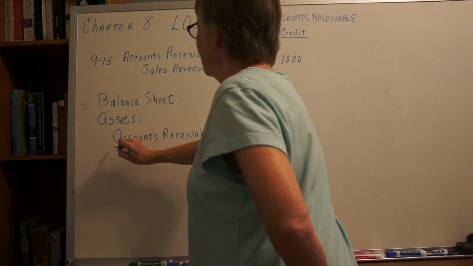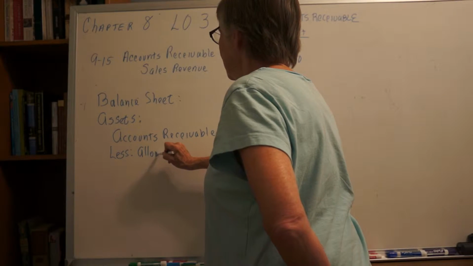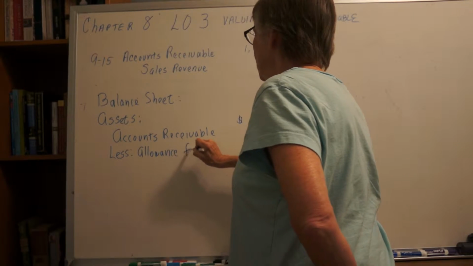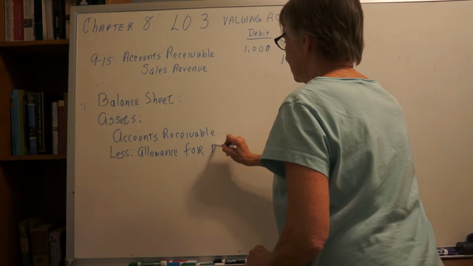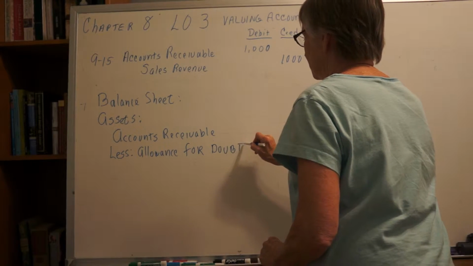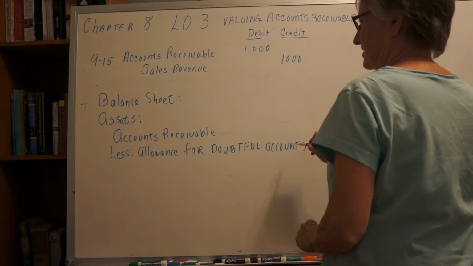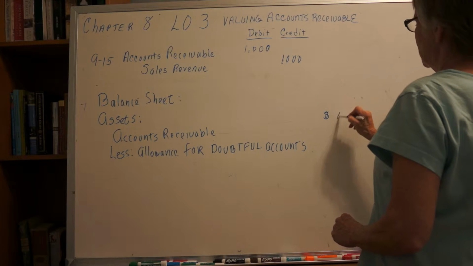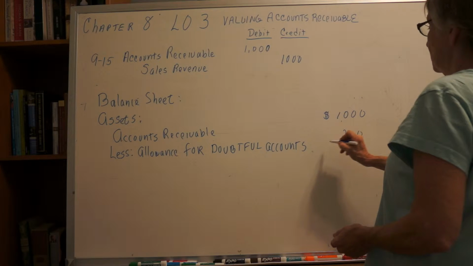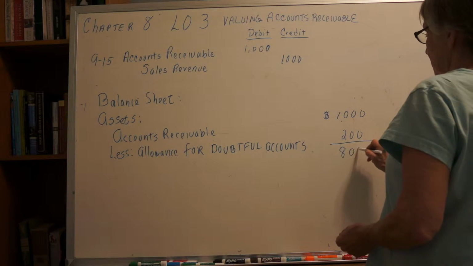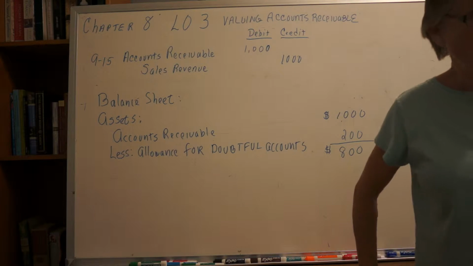And then we would go less the allowance for doubtful accounts. So we would have accounts receivable 1,000, and if we thought 200 wouldn't get collected, we say less allowance for doubtful accounts, 200, and that would leave us with a valuation on our balance sheet of 800.